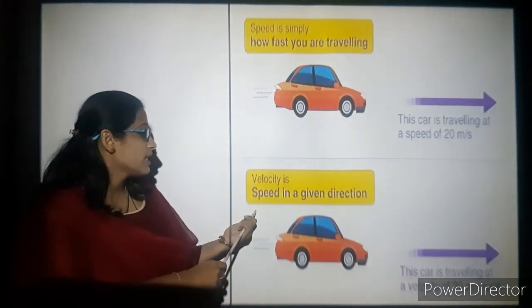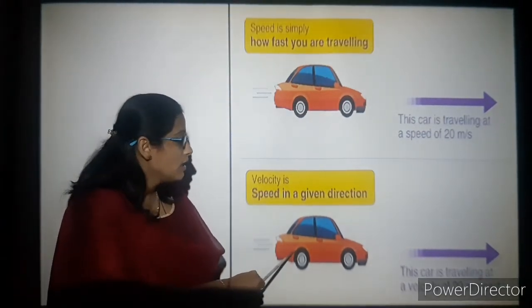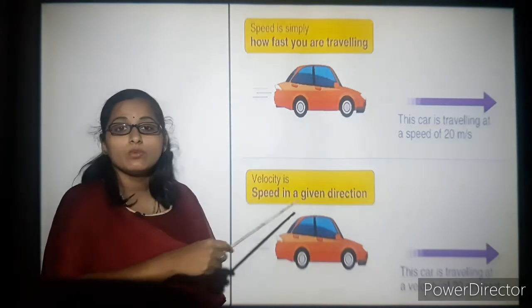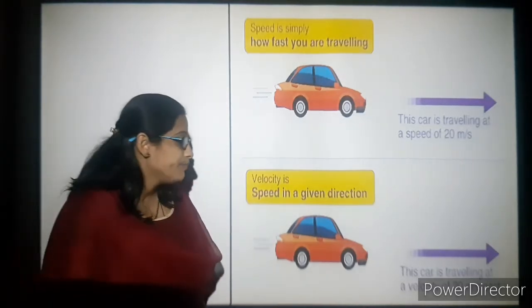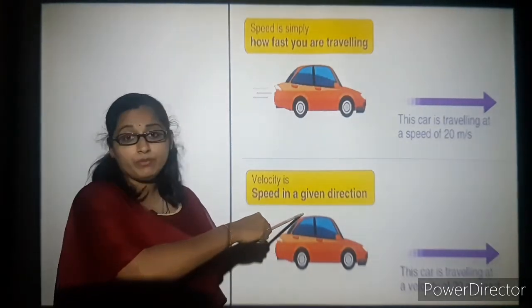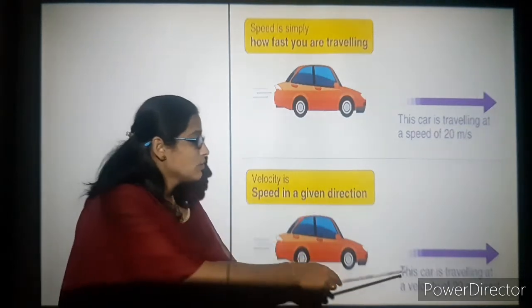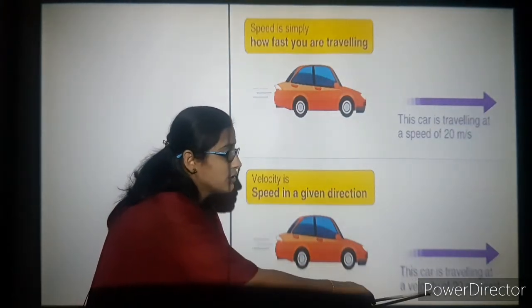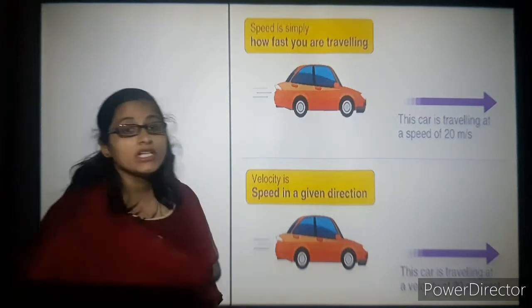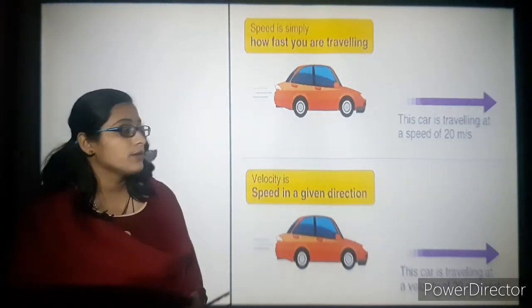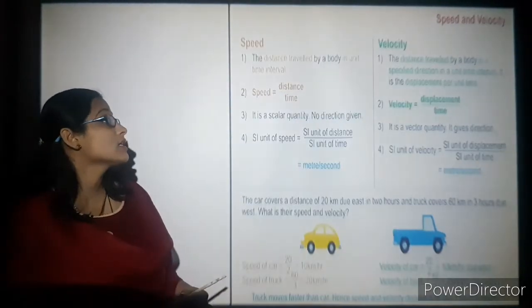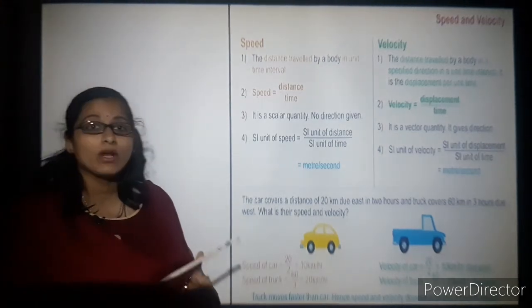Here the car is given with the speed along with the direction, in the positive direction. So this car is travelling at a velocity of 20 meter per second towards the east. Coming on to the next, let's see speed and velocity again.